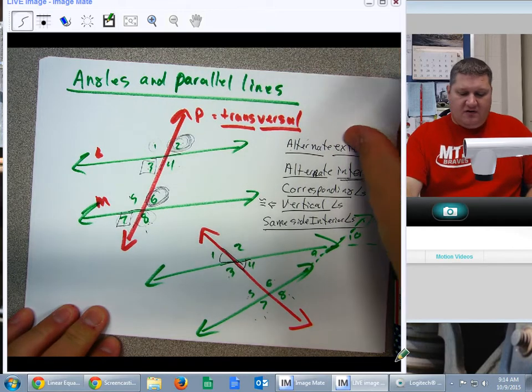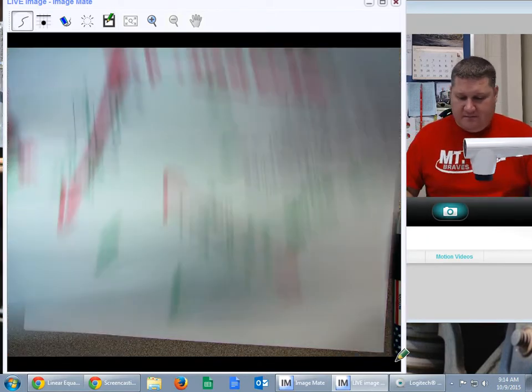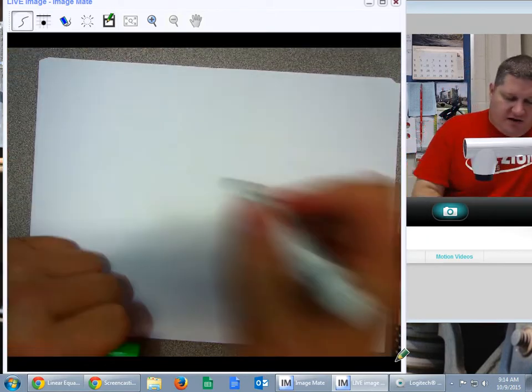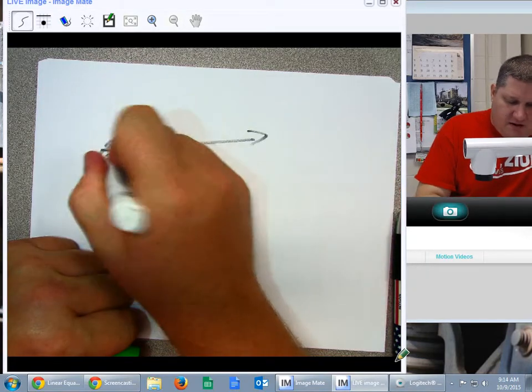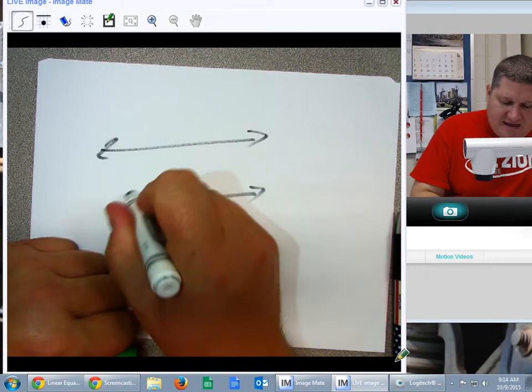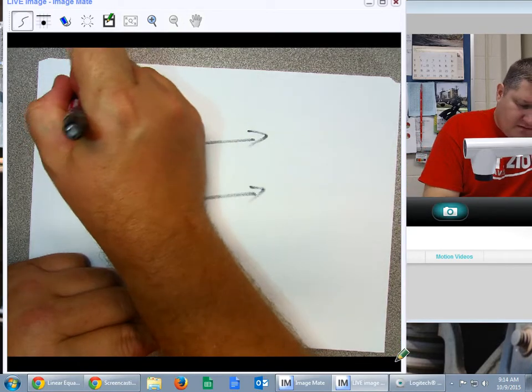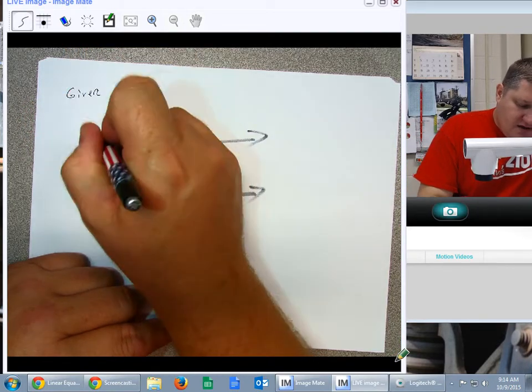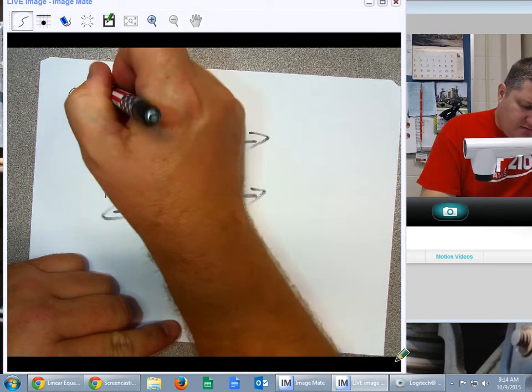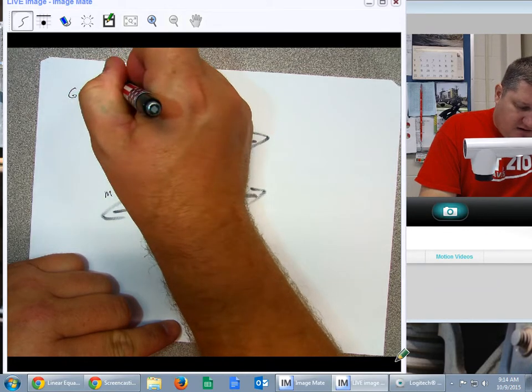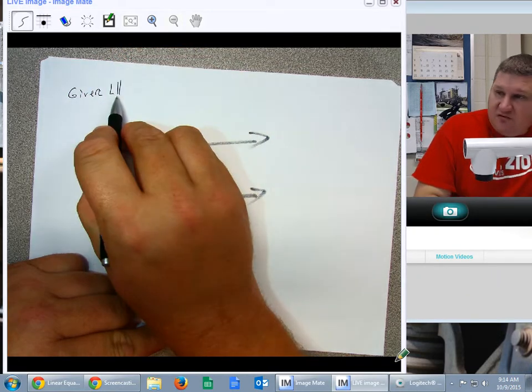Let's go ahead and start talking about some properties. If lines are indeed parallel, so you have to be given line L, line M, given L is, now look what I did here, I used 2 vertical bars.